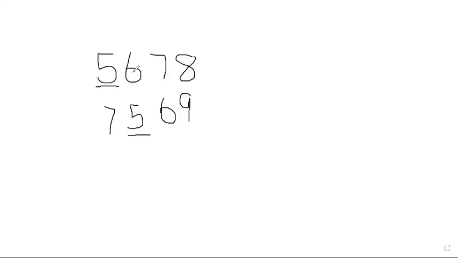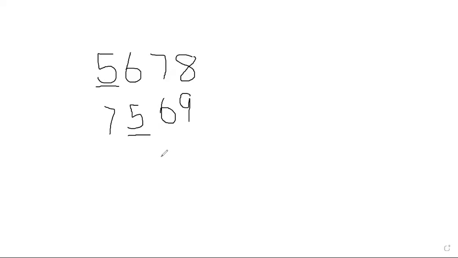Now the 5 in my first number is in my thousands. Again, I know this by counting my place value: ones, tens, hundreds, thousands. And I need to figure out how many places I need to move my second 5 in order to be in the same place value as my first 5.